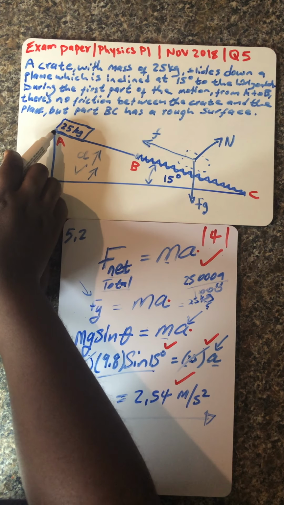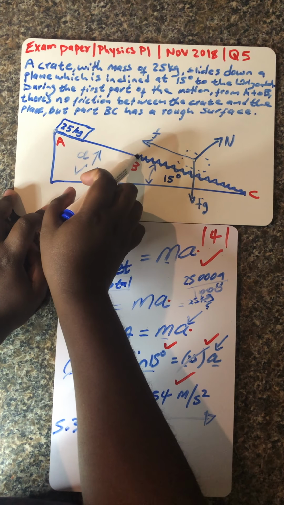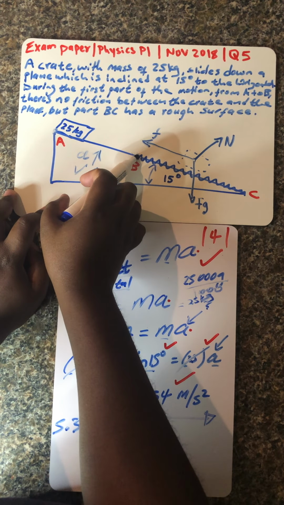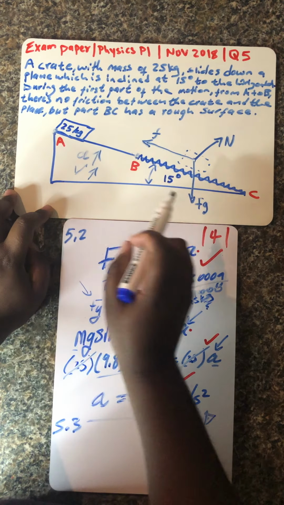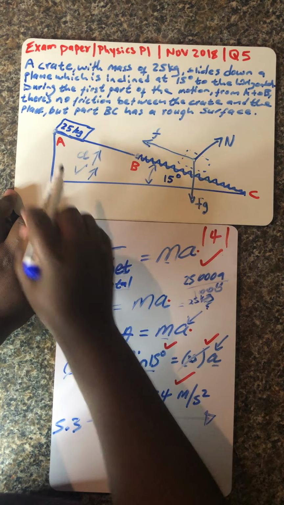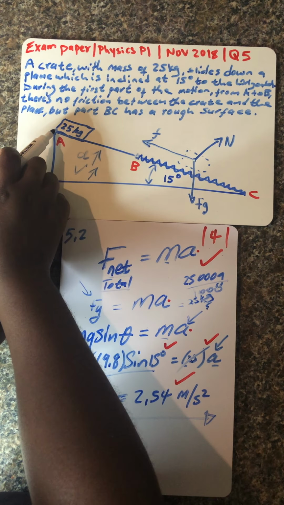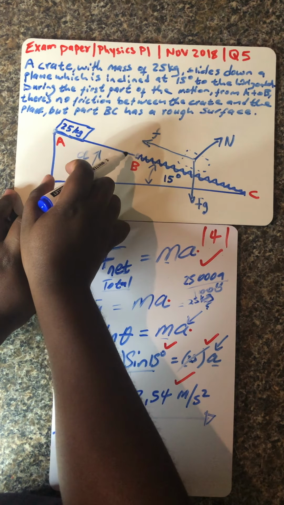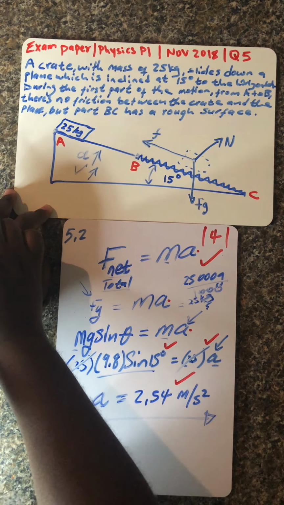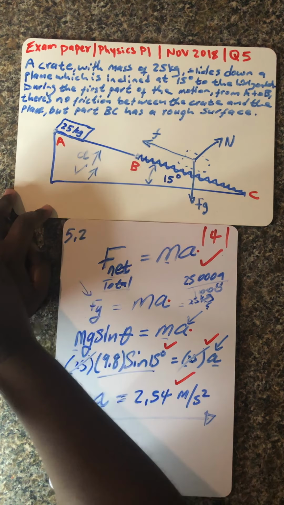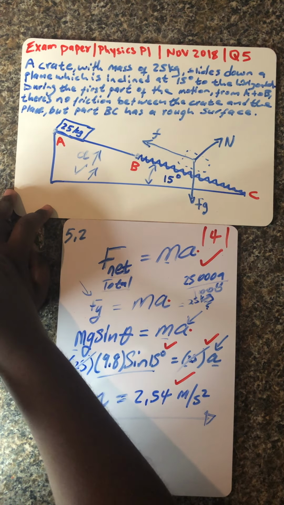So that means if at that point it was 10 meters per second, when it gets to that point, it will be over 10 meters per second. Let's say maybe 20 meters per second. Why is it increasing? It's because there's no frictional force acting in the opposite direction to the one in which that object is moving.